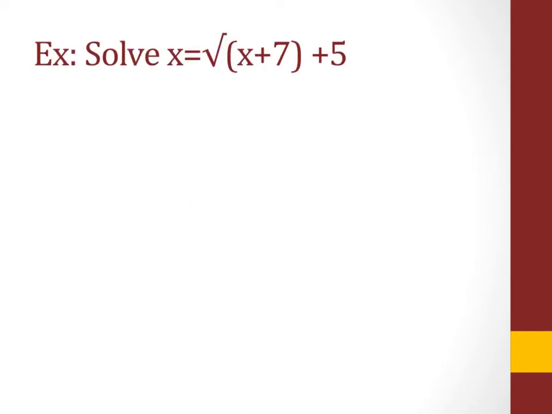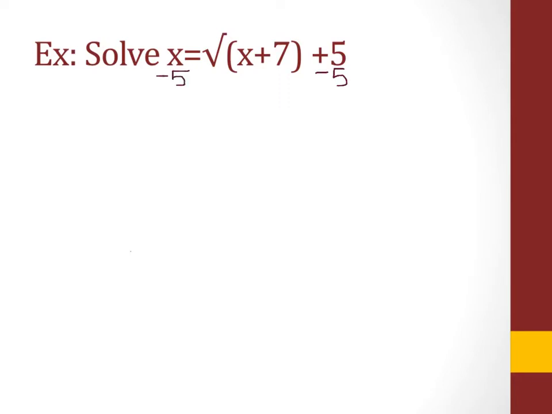So first, turning to our radical equation, it states solve x equals the square root of x plus 7 plus 5. Here what we want to think about doing is just getting our radical to one side. That's our first step. So we subtract 5 from both sides.